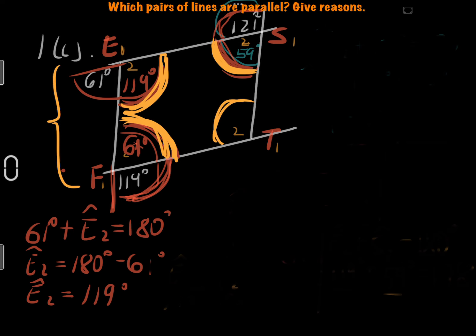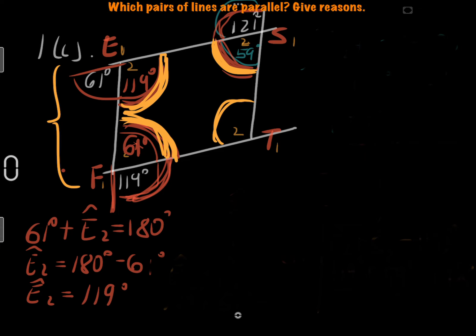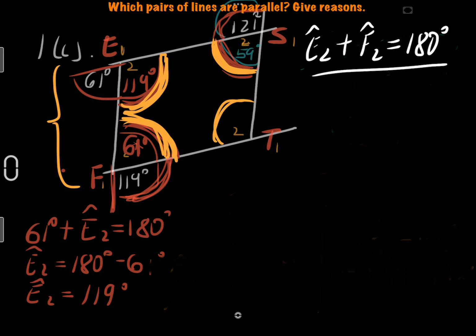Now we are almost done with the last example. We saw that angle E2 plus angle F2 gave us 180 degrees, because 119 degrees plus 61 degrees gives us 180 degrees.